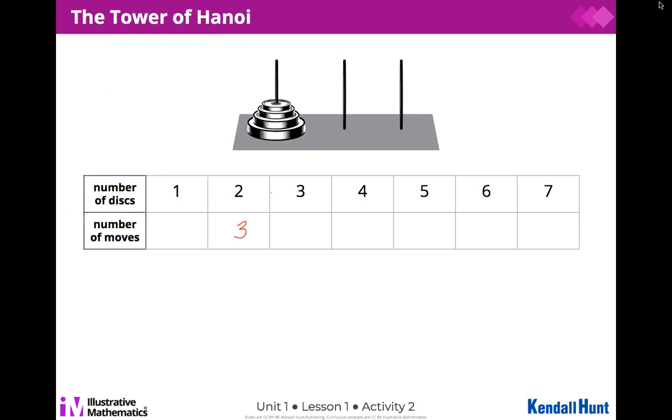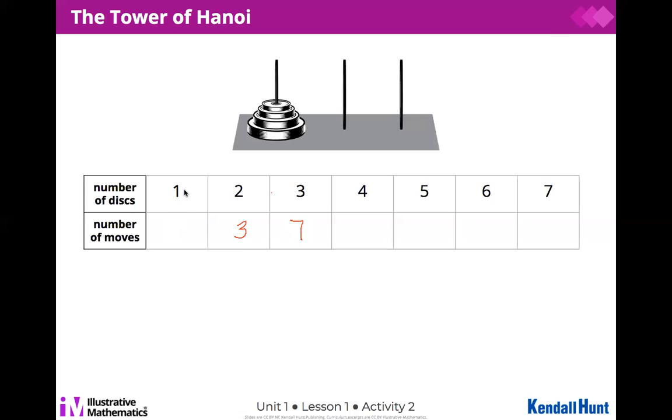I apologize, I'm communicating a little bit on my other computer at the same time, but we'll get through this. We had 3 for 2, and I believe 7 was the least number we had for 3.